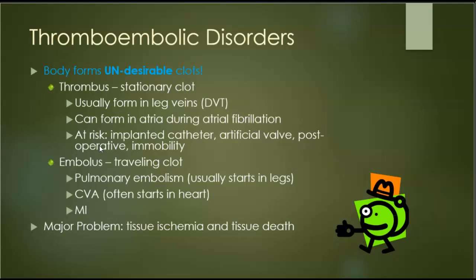Or we can have an MI, which is, again, the vasculature that feeds the heart actually gets the clot stuck there, and now we've cut off blood to a piece of the heart muscle.